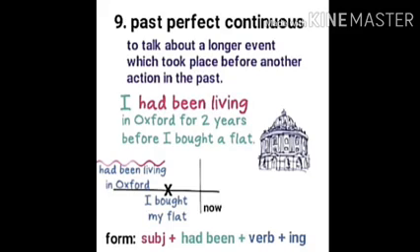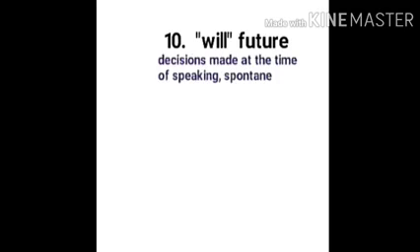Okay, now we're going to turn to the future tense in English. In English, there are 4 different ways to talk about the future. So it's often unlike your own language, and that's why it's good to know when to use which. The first future we're going to look at is the will future, and this is used for making decisions at the time of speaking.